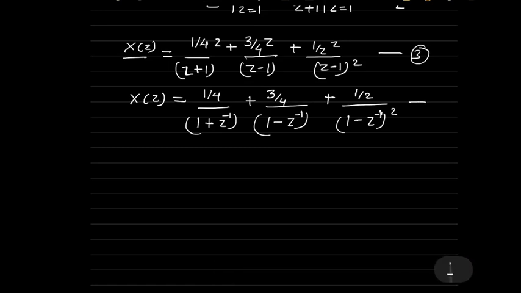Now taking the inverse z transform by considering its ROC. If the ROC is |z| greater than 1, it is a causal signal.